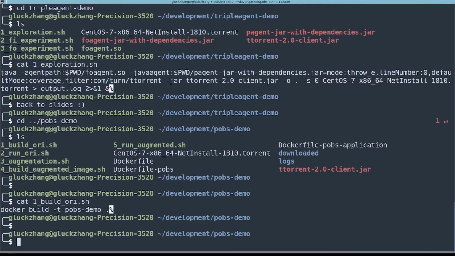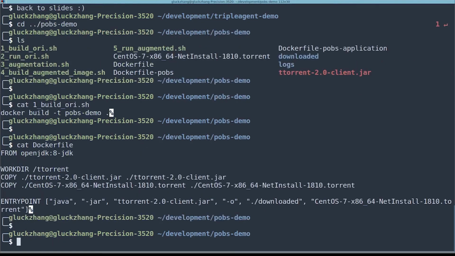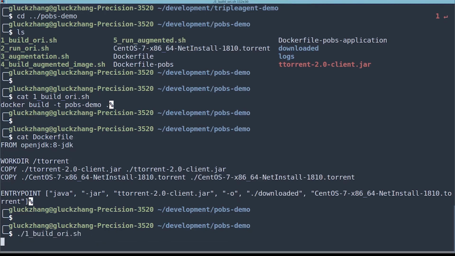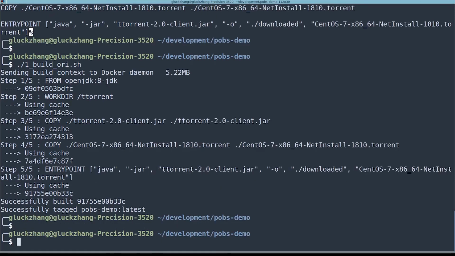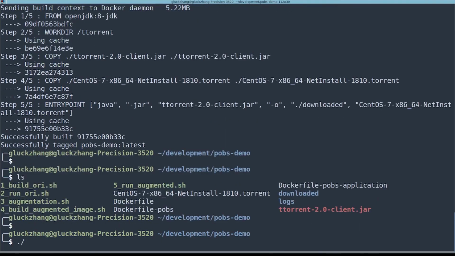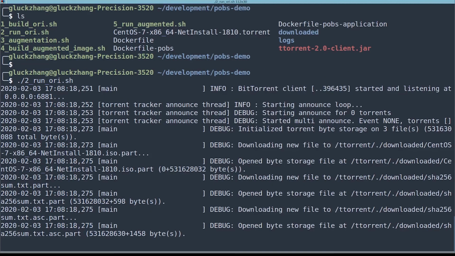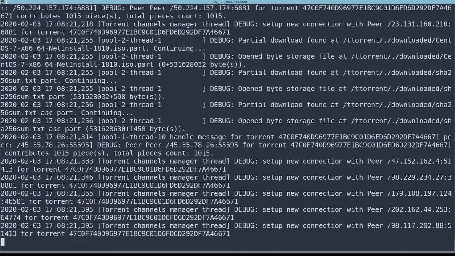So this is quite a simple Dockerized Java program, which has TTorrent in it. And I could also build a Docker image here so that I could run the original image to download the file. So this is a simple, normal execution of this application.